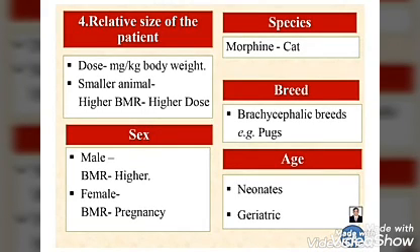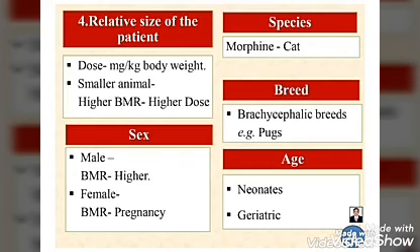Small animals have a higher metabolic rate than large animals. Hence a larger dose of anesthesia is required in small animals because the BMR is high compared to the large breeds. Particularly in Swiss, the Pomeranians, even the pugs, these are small breeds.